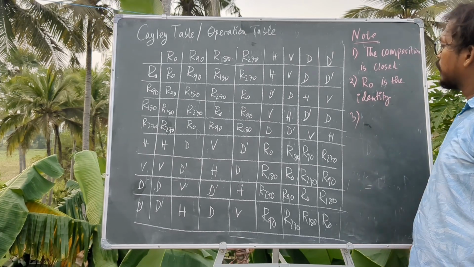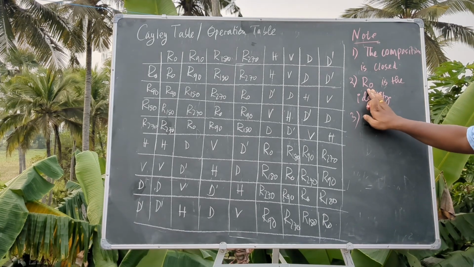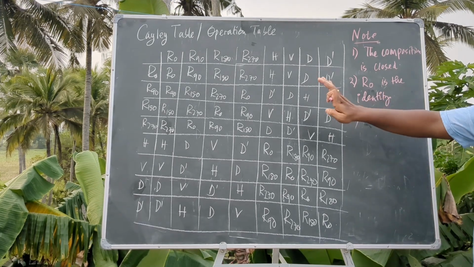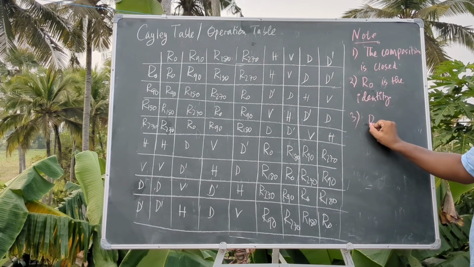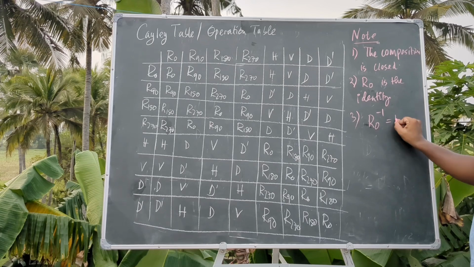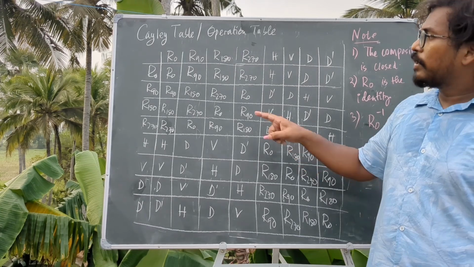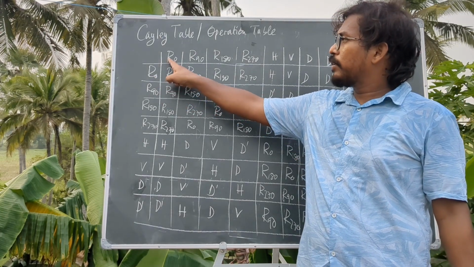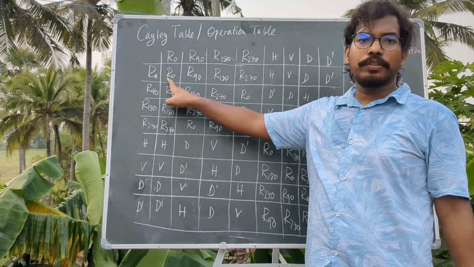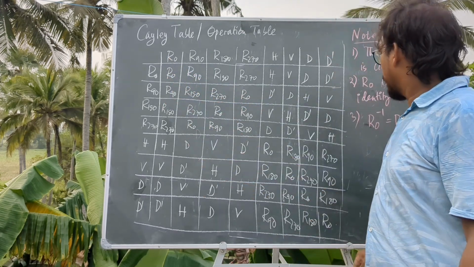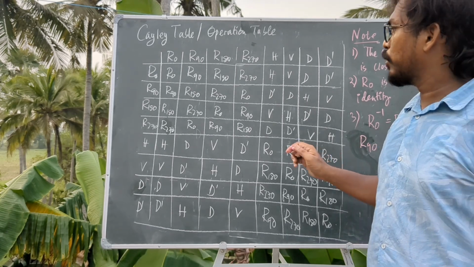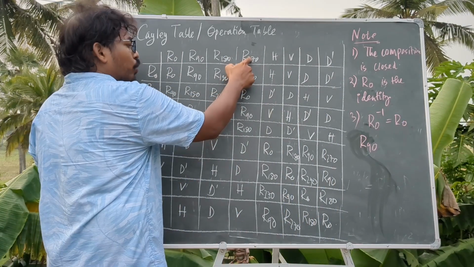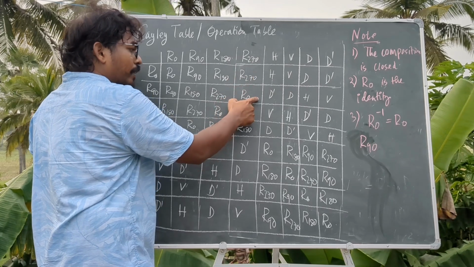And third one, if R0 is the identity, we can check if the elements have inverses or not. Inverse of R0 is the same R0. R0 operated with R0, we will get R0. Inverse of R90, let us see the column and row of R90. R270 gives R0, the identity.